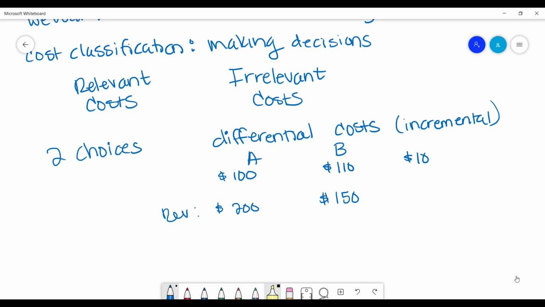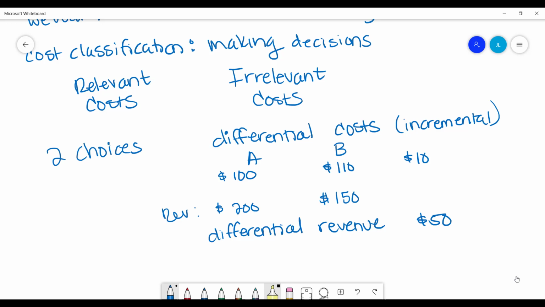Well, that's also relevant, right? That's an important factor. The difference between the revenue we can expect from project A versus project B, that is what we would refer to as differential revenue. In this case, the differential revenue is $50. We expect to generate $50 more in revenue by going with project A versus project B.